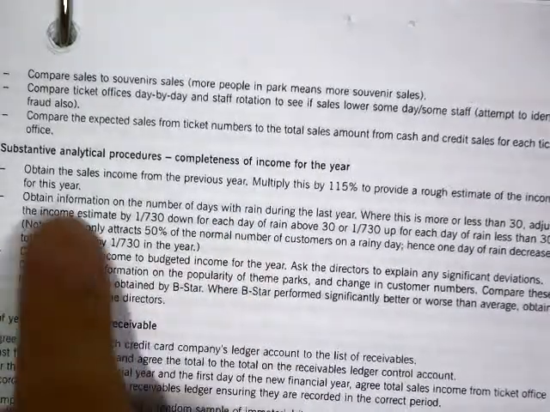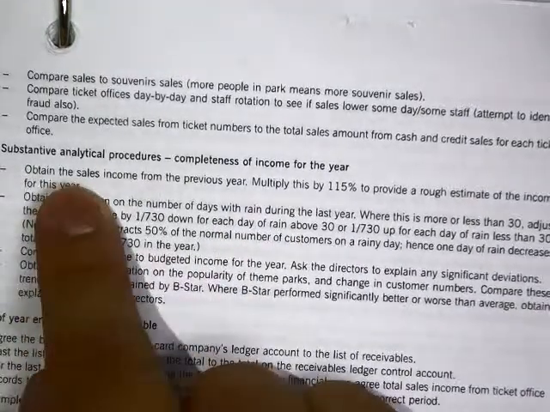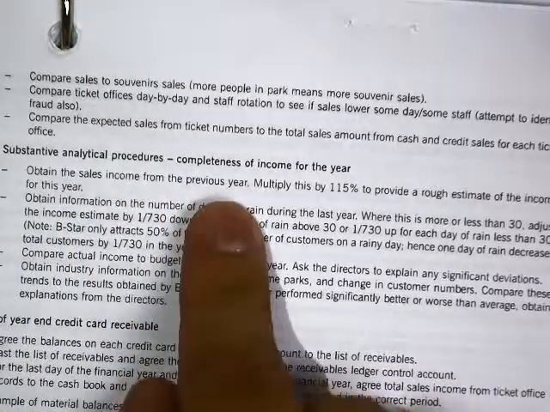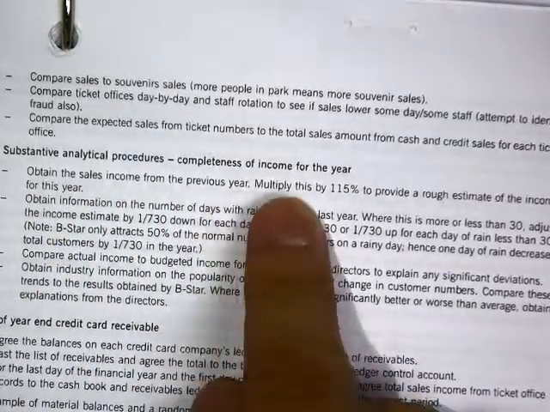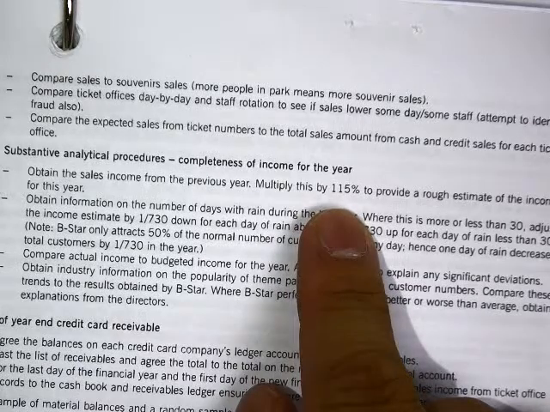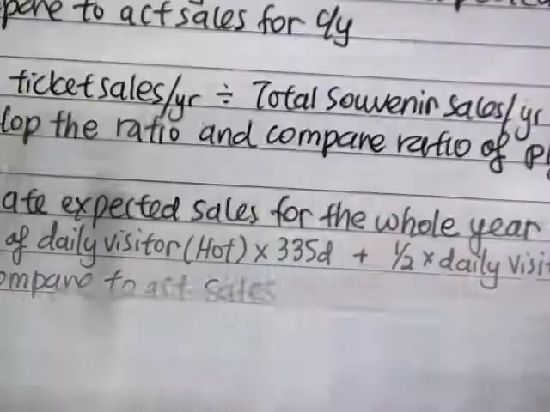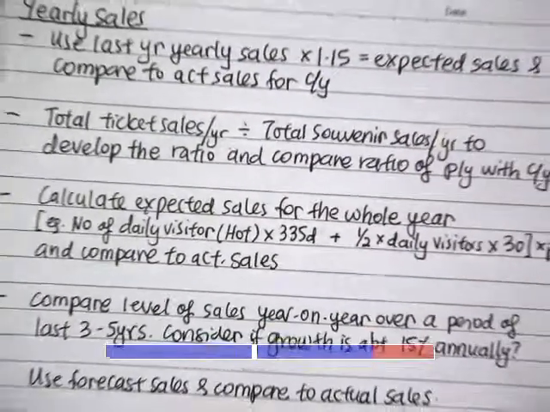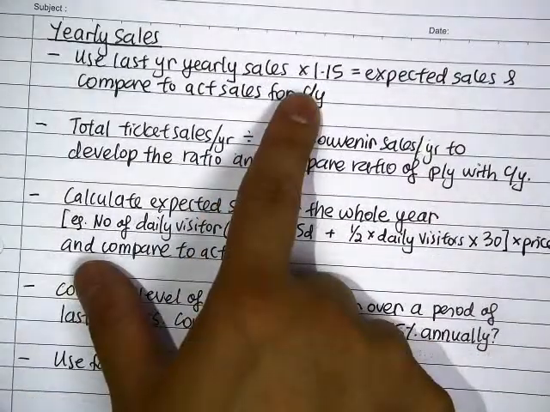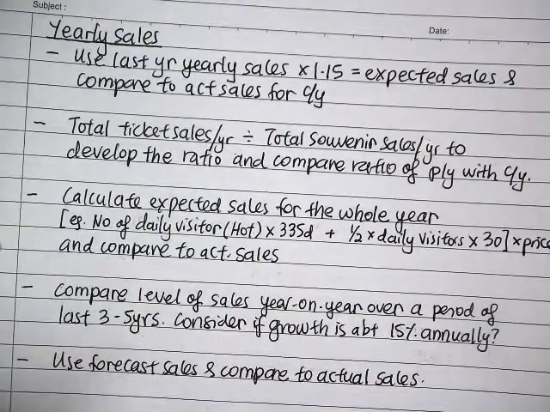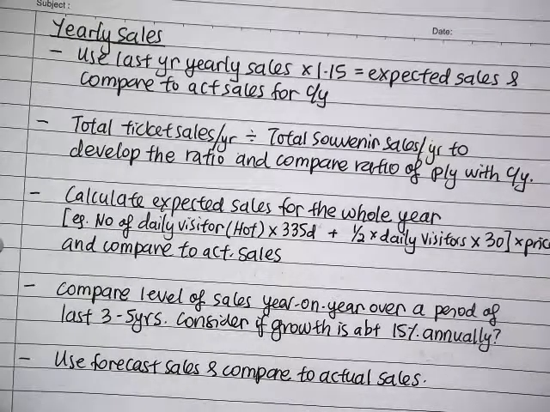In terms of yearly sales, the examiner says obtain sales income for the previous year, multiply by 115%. The difference is he writes them out, whereas here I made it a shortcut and just say times 1.15. In the exam you don't do like that, you write the complete answer. So this is what we do here in part C.